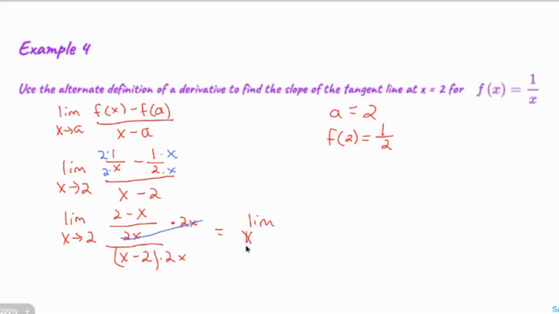So let's go ahead and do that. Oh, sorry, used to writing h. The limit as x approaches 2. So we got x minus 2, and I'll go ahead and put the negative out front. And we have 2x times x minus 2. As usual, we won't distribute, and then we can see, we can cancel that out.